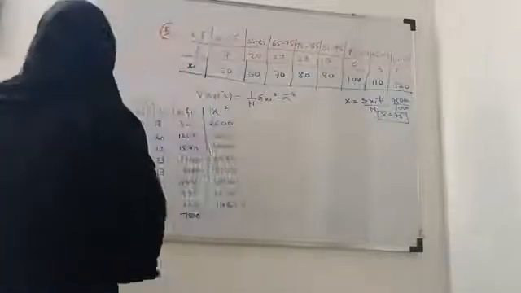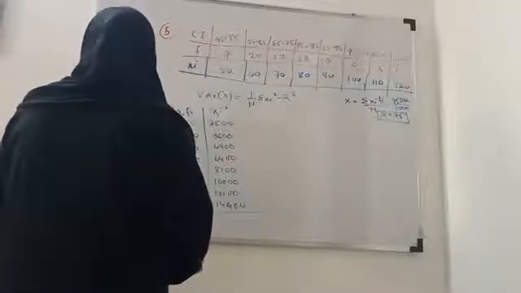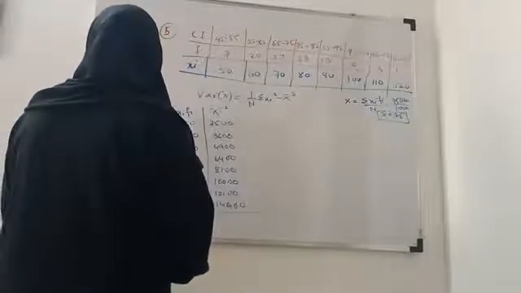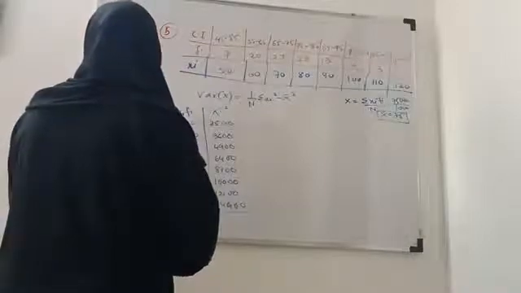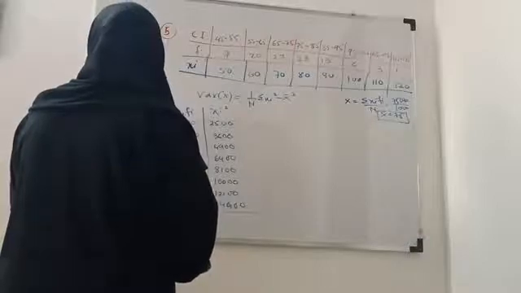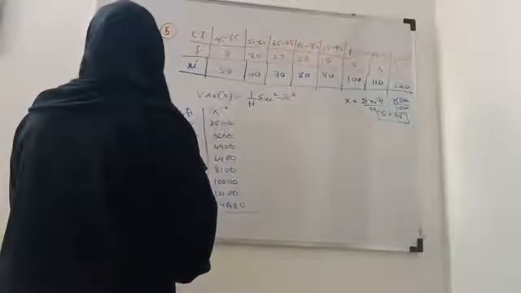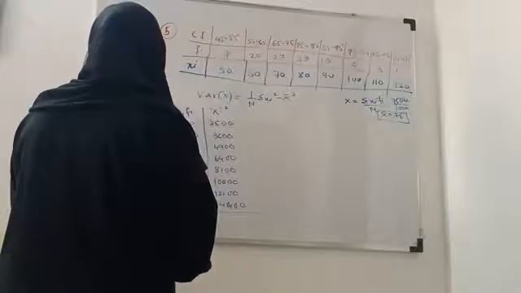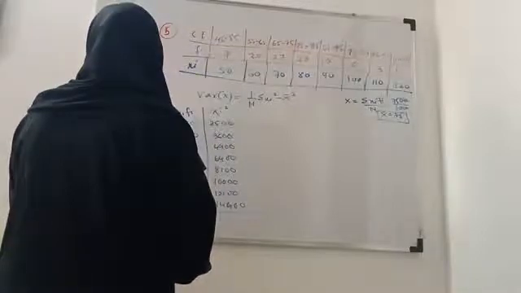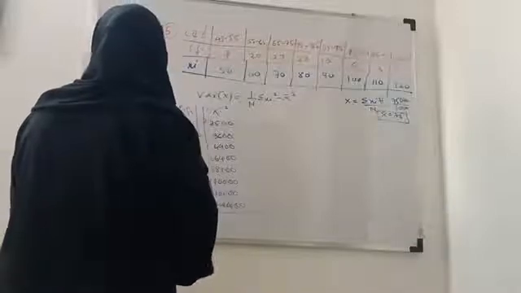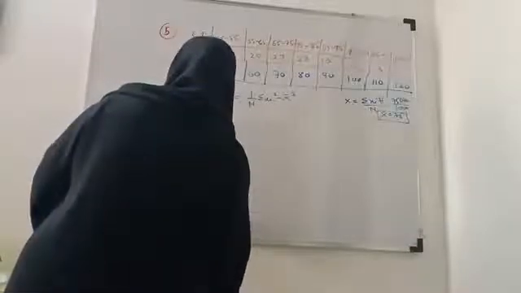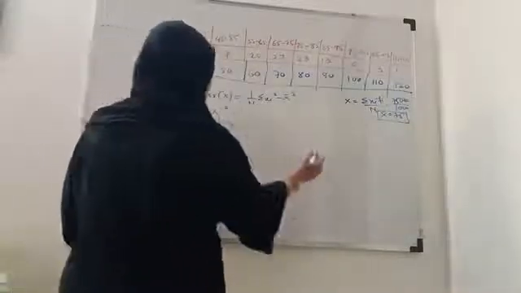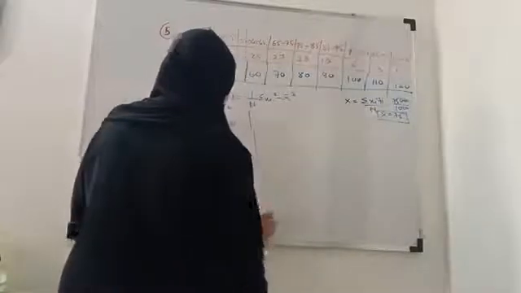Then we require addition of this, right? So the addition is 25 00 plus 36 00 plus 49 00 plus 64 00 plus 81 00 plus 121 00 plus 144 00, 62,000. Okay, and therefore this is a simple formula.